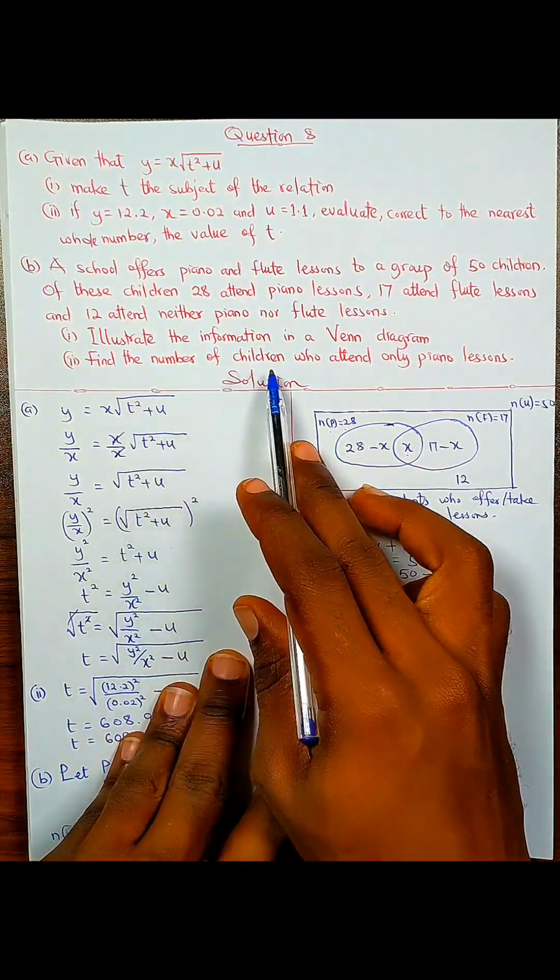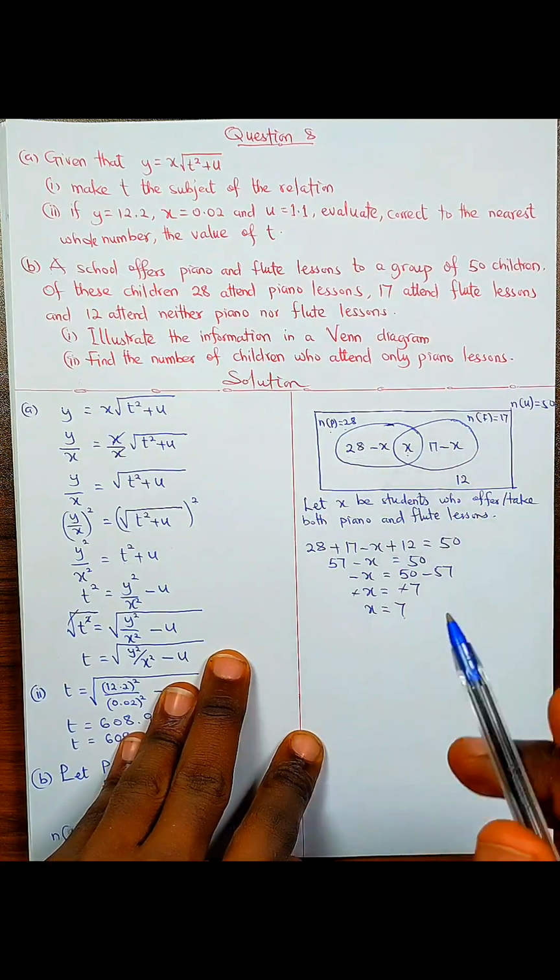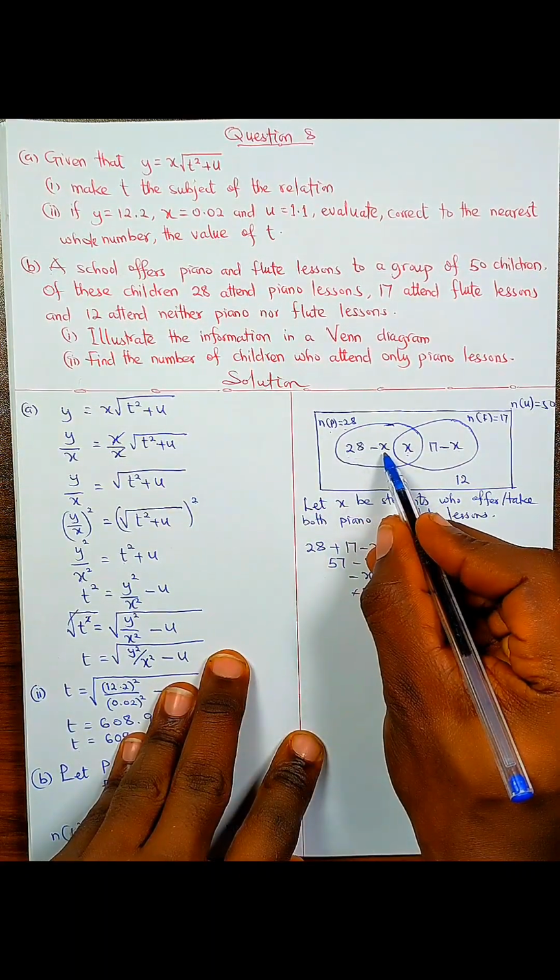We are asked to find the number of children who attend only piano lessons. That is 28 minus what?